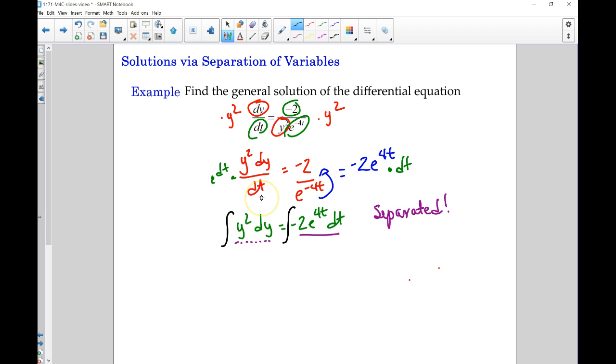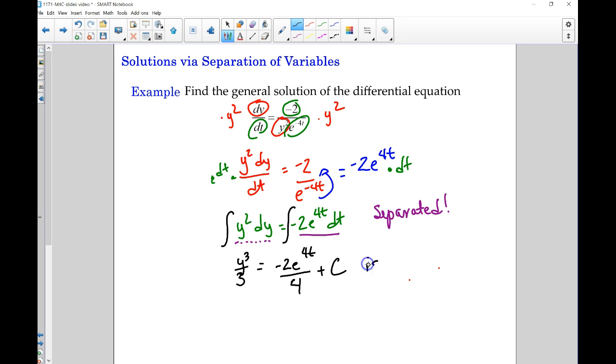If I ignore the right hand side completely, the antiderivative of y squared would be y cubed over 3. And then for the right hand side, ignoring the left side completely, the antiderivative would be negative 2e to the 4t over 4 plus c.